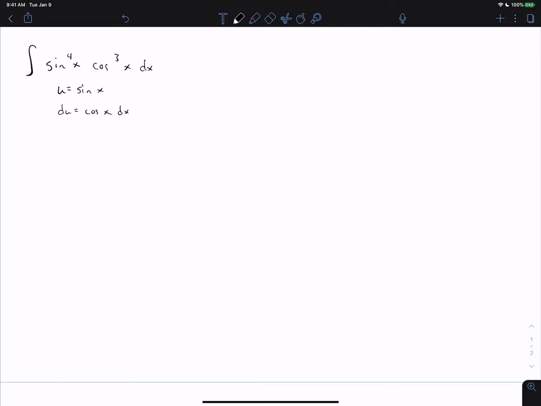Okay, so if u is sine, du is cosine, we're going to leave sine to the fourth alone and try to create du at the end of the problem. We do that by separating cosine to the third into cosine squared times cosine. The cosine x at the end of the problem is for the du. Cosine squared needs to be rewritten in terms of sine.